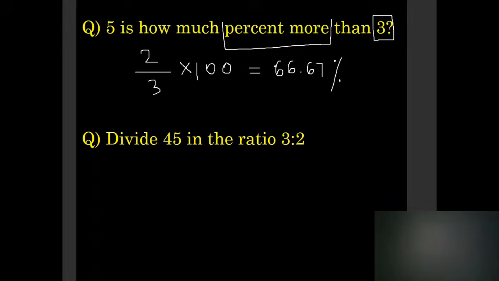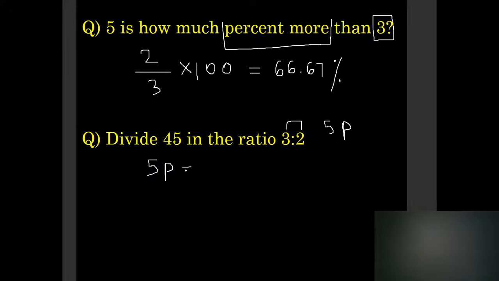If you observe, we have 3 is to 2, which means total we are having 5 parts. So 5 parts should be equated to 45, because 45 is divided into 5 parts.